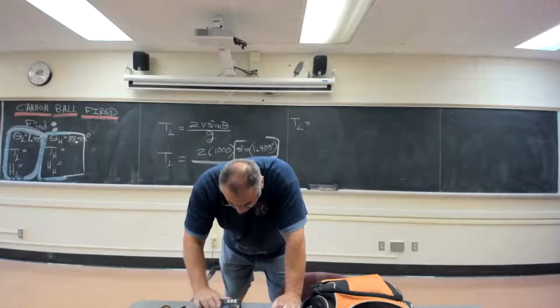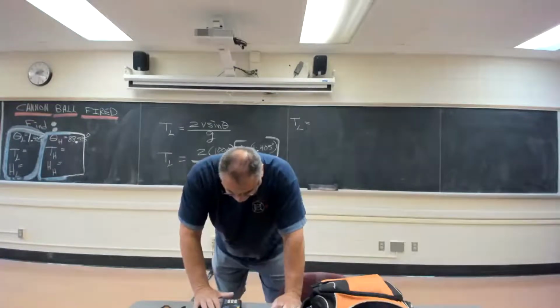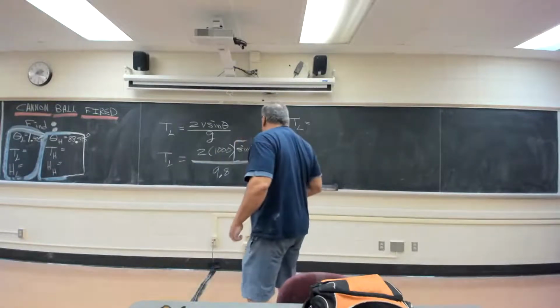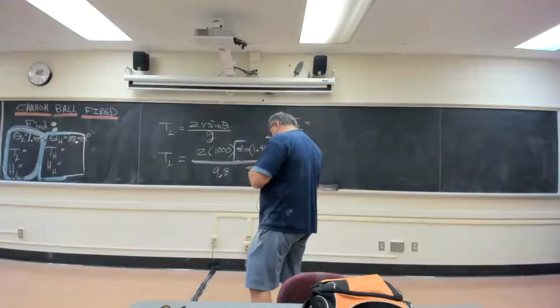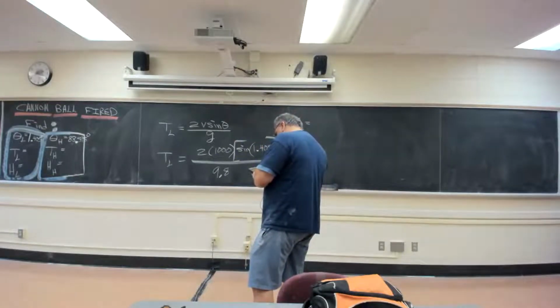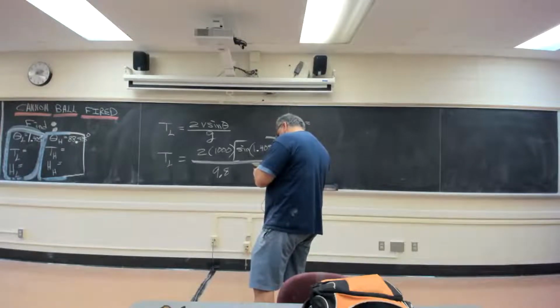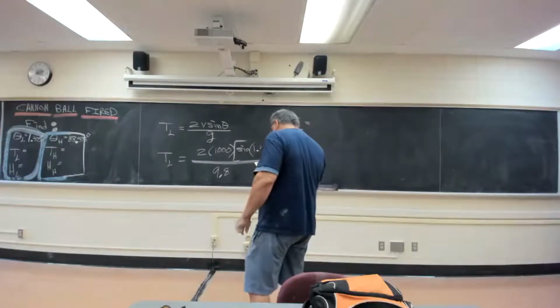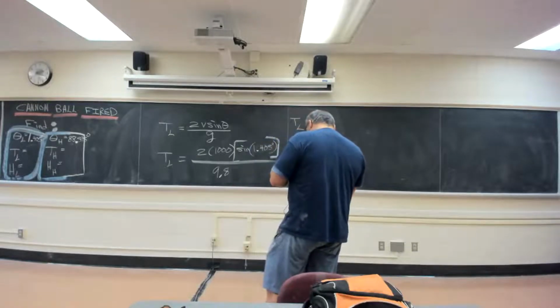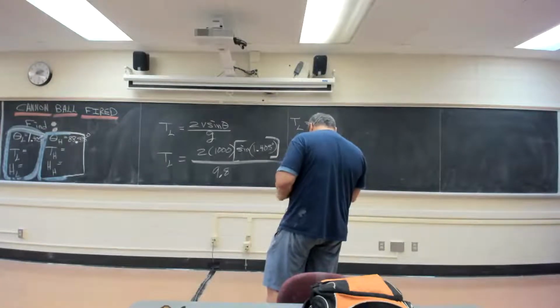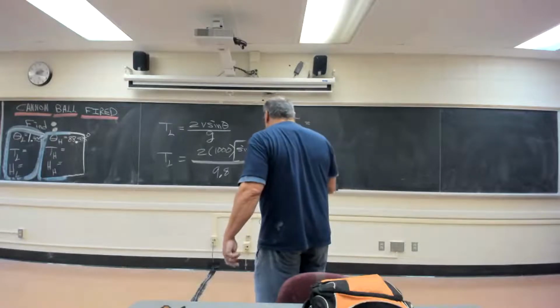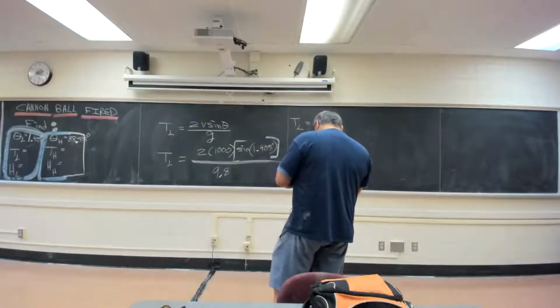I just erased something I didn't want to erase in my own calculator here, but that's all right. 2 times 1,000 times the sine of 1.405. Make sure it's degrees, guys, okay?